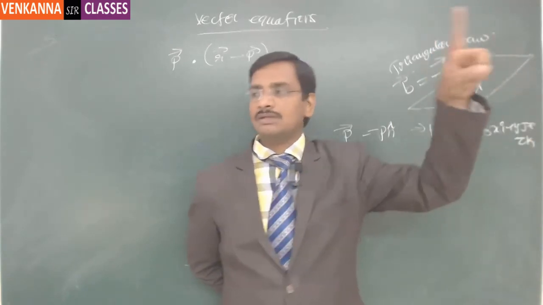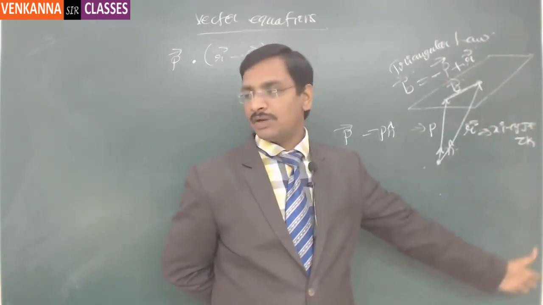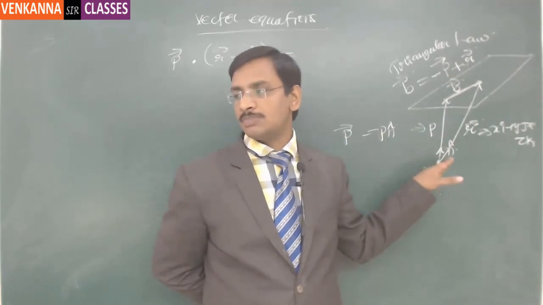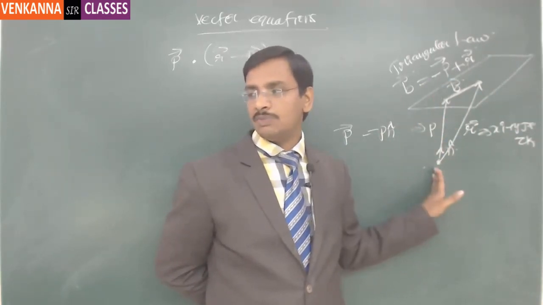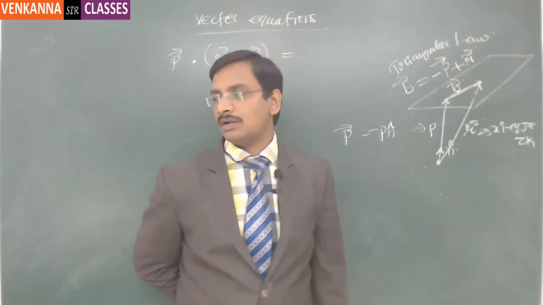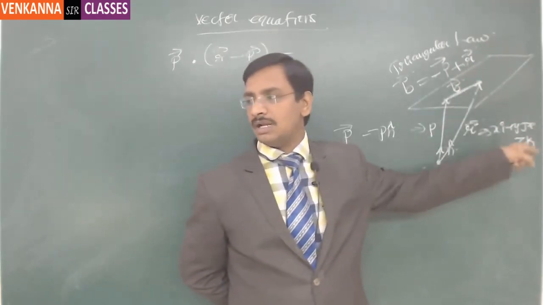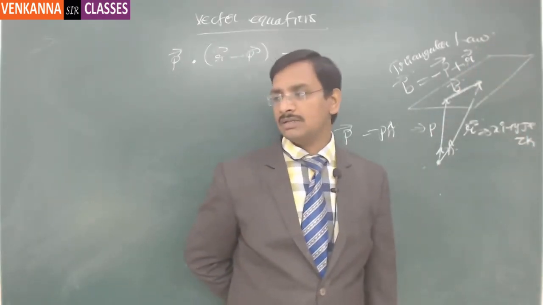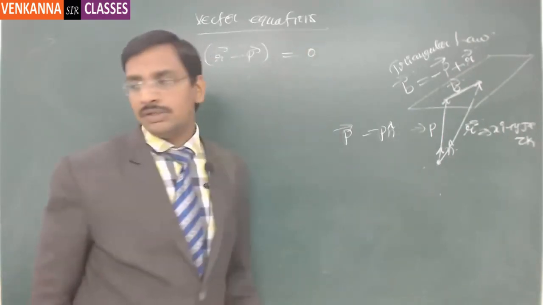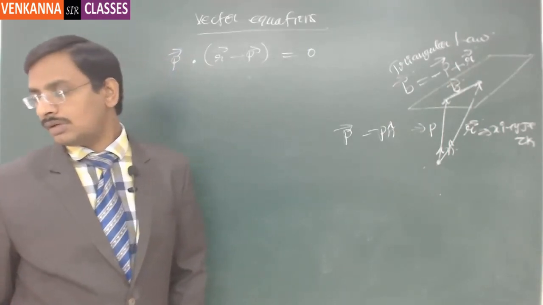That vector drawn on the ceiling is the B vector, and this vertical vector is the P vector. B vector we got as per the triangular law of vector addition, minus P plus R. The ceiling and the z axis have an angle of 90 degrees, which means the dot product will be 0. I hope everybody understood this. Got it or not?